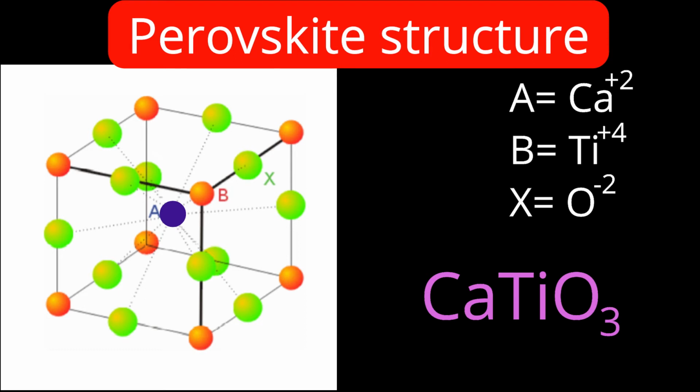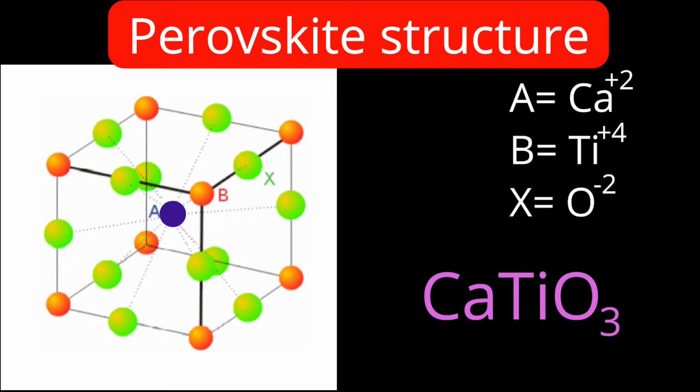By blue color at center of the cube there is calcium ion, and at corners of the cube, means in simple cubic arrangement, in primitive cubic arrangement, other cations are there. Which are those? Right, titanium plus 4. And at center of each edge there is oxide ion.